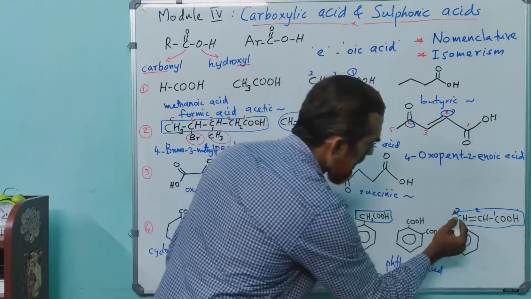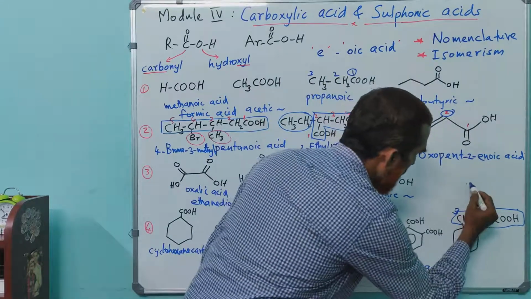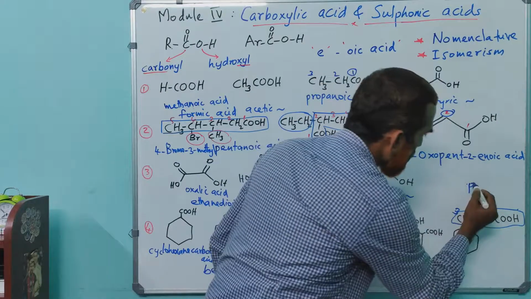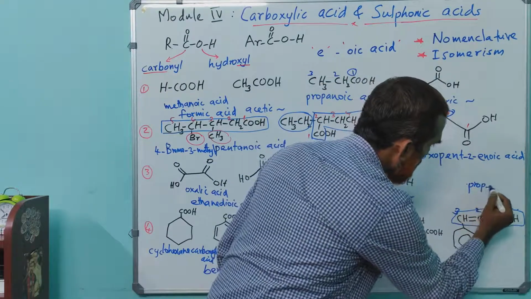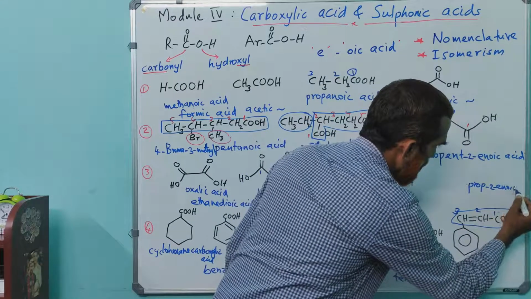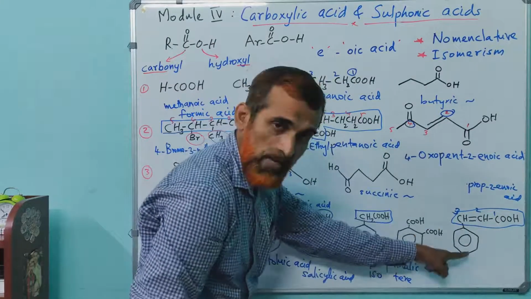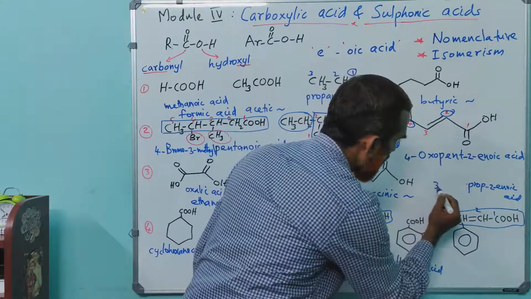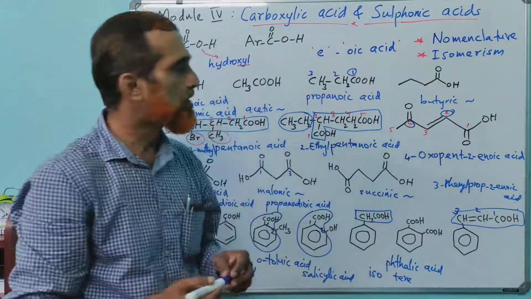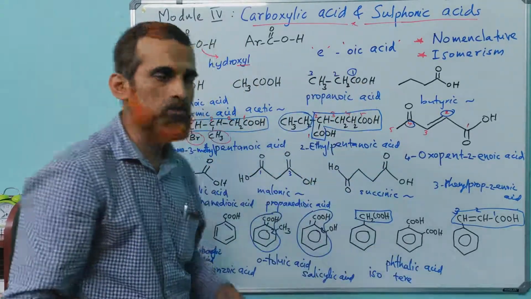Okay, so what about the name? 3 carbons, so it is propanoic, it is prop; double bond is there at position 2, so it is prop-2-enoic acid, isn't it? And what about the phenyl at position 3? So 3-phenyl, isn't it? 3-phenylprop-2-enoic acid. Okay, so that's all. A few examples for nomenclature.